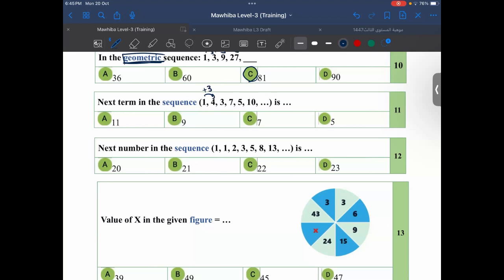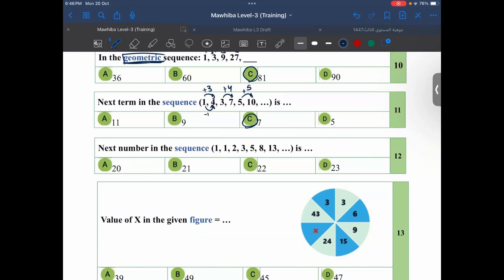Then you add 4 and minus 2. Then you add 5 and minus 3. Excellent. So here you can see that they had 2 patterns going on. First plus 3, then here plus 4, and then here plus 5. And between them, we had another pattern, which is minus 1.